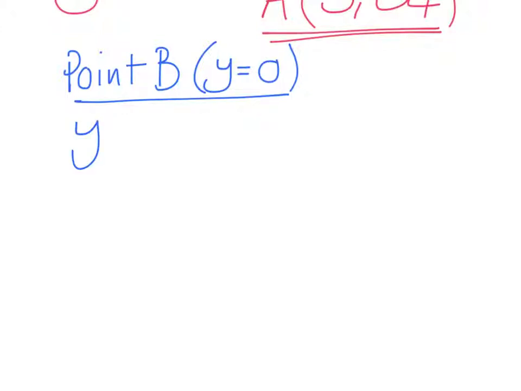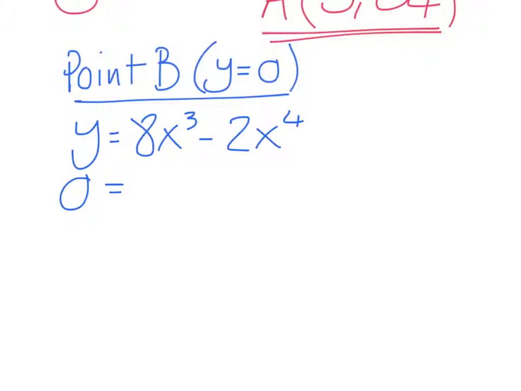Our original equation for our curve is y equals 8x cubed minus 2x to the power of 4. This time we don't need to differentiate to find point B, since it's a root. We know y is 0, so we'll substitute that into the formula, and that gives us 8x cubed minus 2x to the power of 4 on the other side.